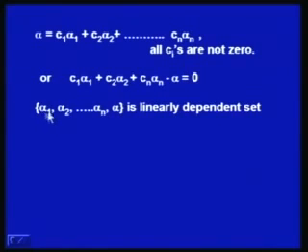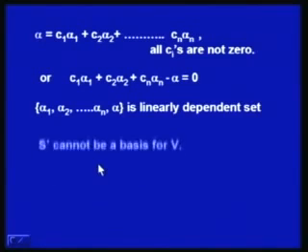So this set alpha 1, alpha 2, up to alpha n together with alpha is a linearly dependent set. So there exists a linear combination in which a non-trivial solution is possible. So this set cannot be linearly independent, and if it is not linearly independent, then this set S dash cannot be a basis for V. That is what the theorem says.